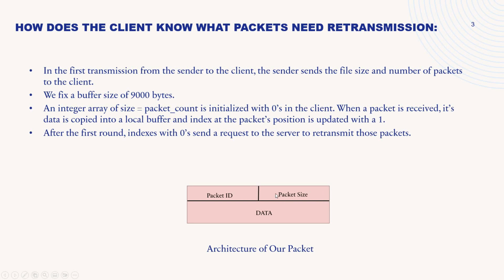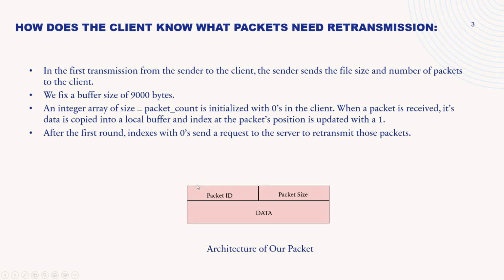But it's possible that the last packet will have less than 9,000 bytes if the file size is not equally divisible by 9,000. So it's pretty important to include the packet size. On the client side, the client knows how to index the local array to copy this file. So when we send the packet, we also send the packet ID.